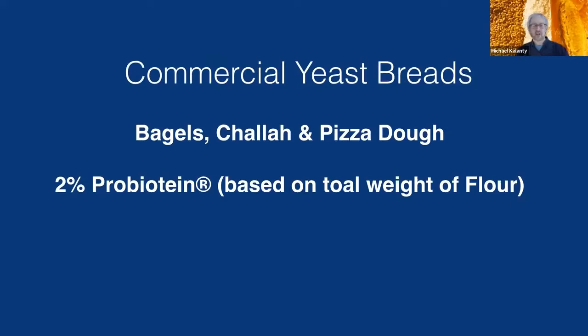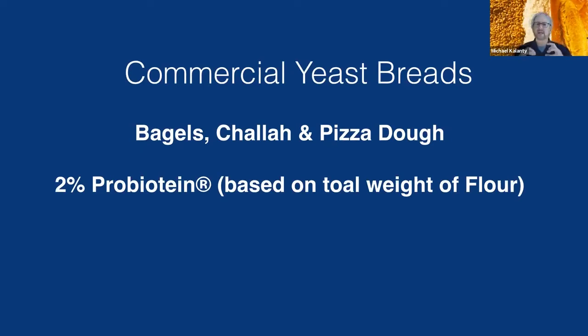Okay, so then I said, all right, let's look at some commercial yeast breads. Because I was noticing umami in these products, I wanted to address things that have a large surface area compared to interior.